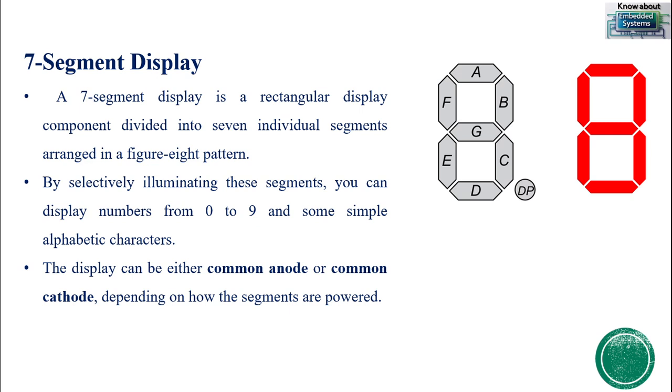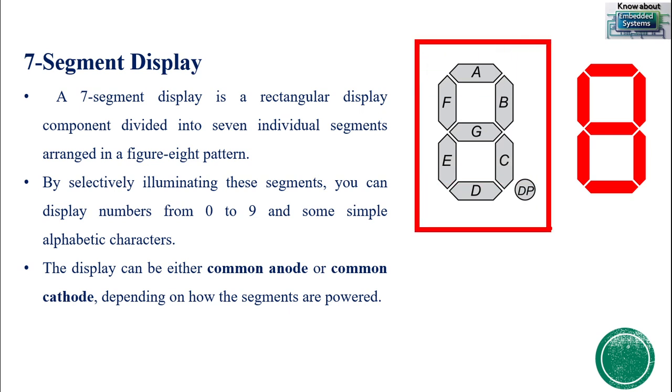So what is this 7-segment display? The name itself says that if you want to display a single character, it can be displayed with the help of 7 plus 1, totally 8 different segments, and these segments are nothing but LEDs.